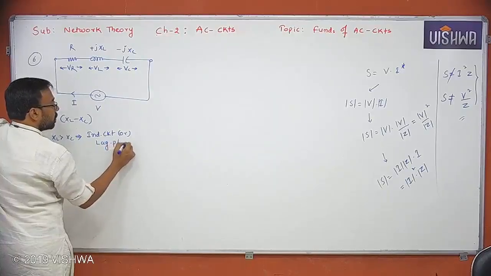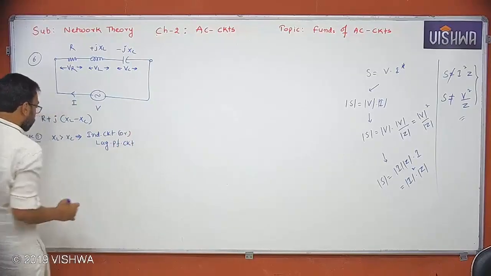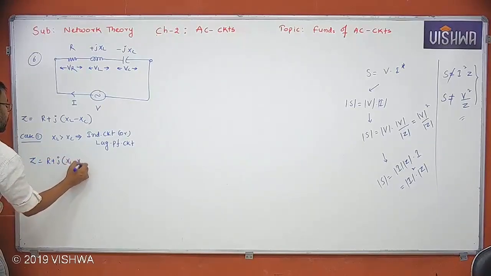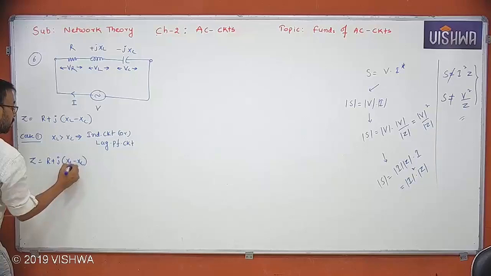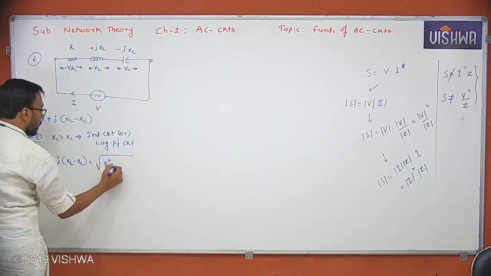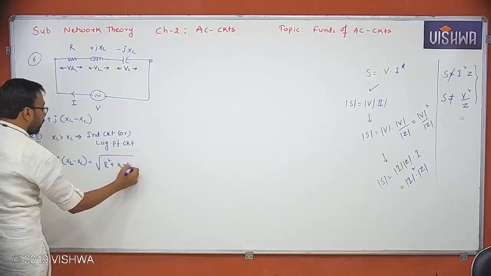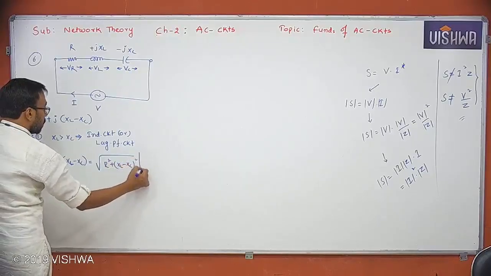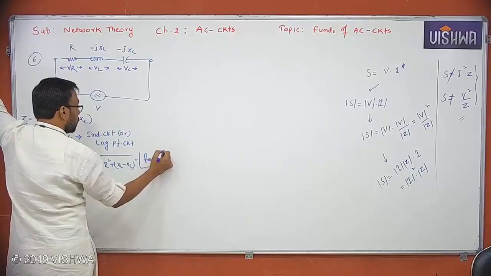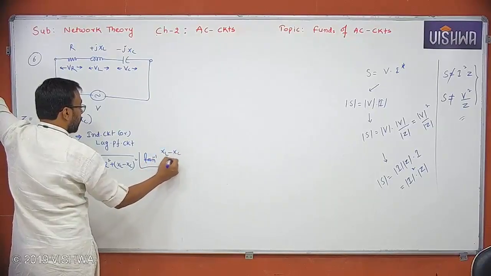Now Z becomes R plus J, it remains XL minus XC, which is nothing but the square root of R square plus XL minus XC whole square, at angle tan inverse of XL minus XC by R.